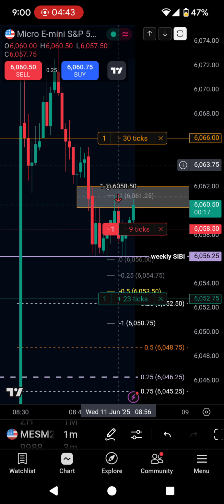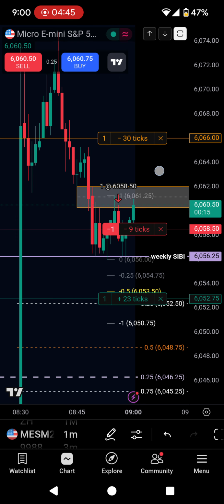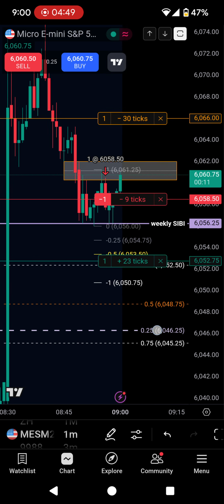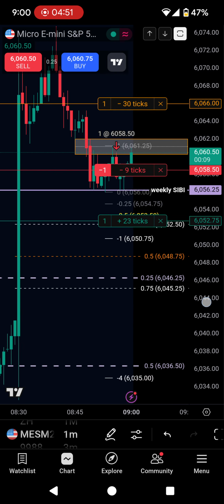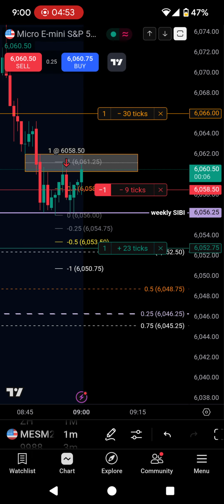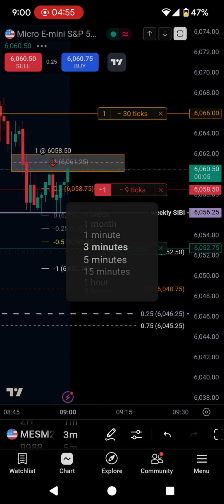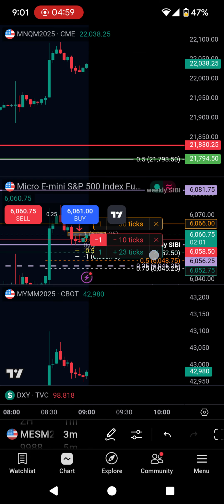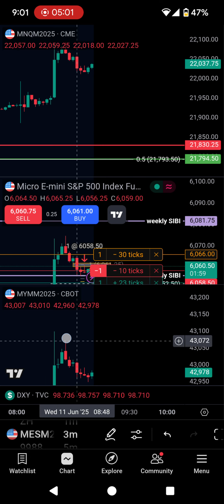So right now here is a balanced price range already. Yeah, I'm going to go take a shower, and later we'll come back and see how price traded.